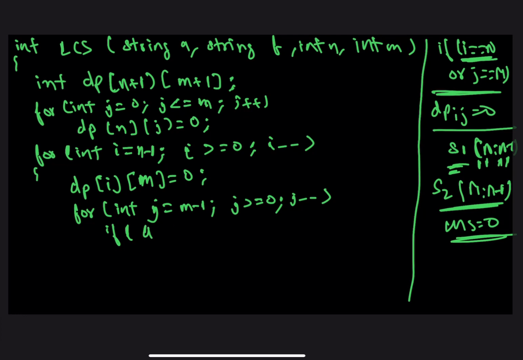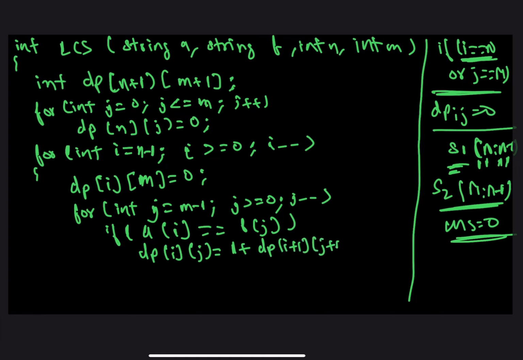If a of i equals b of j, in that case, dp of i comma j will be equal to 1 plus dp of i plus 1 comma j plus 1.